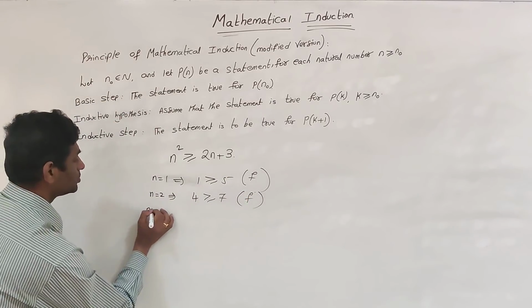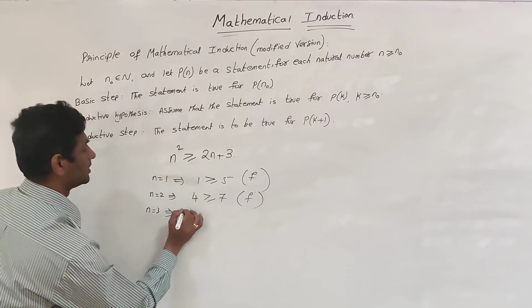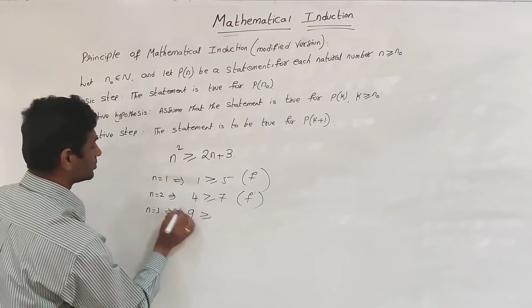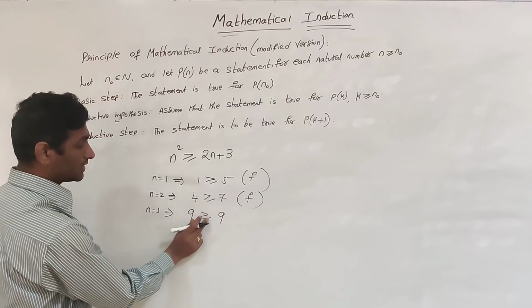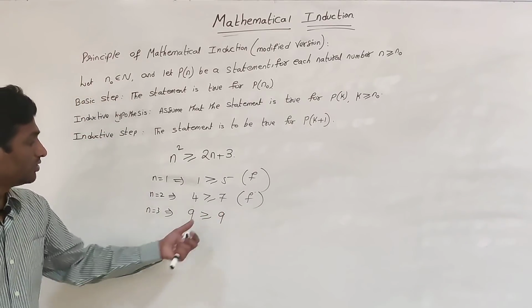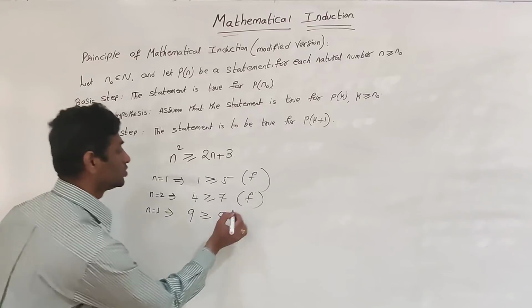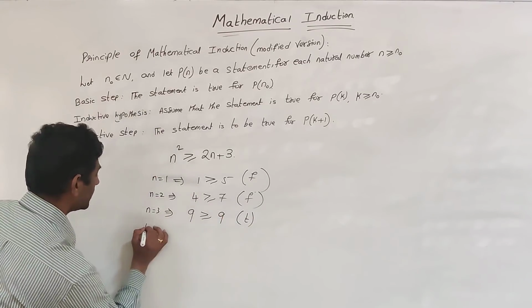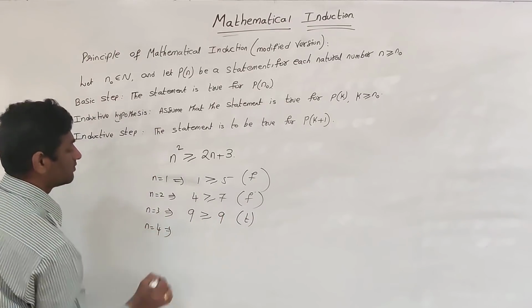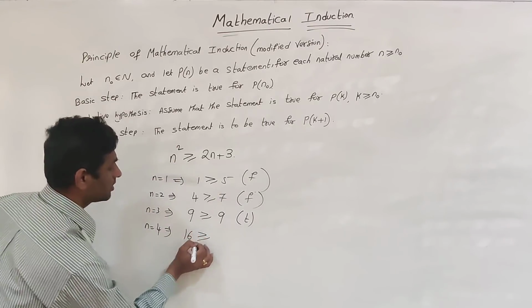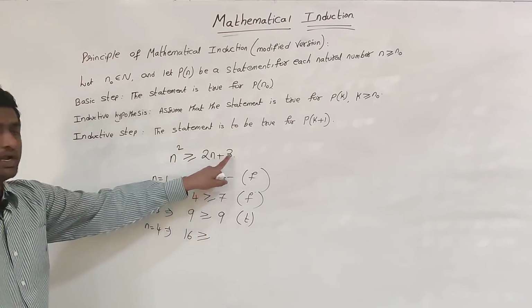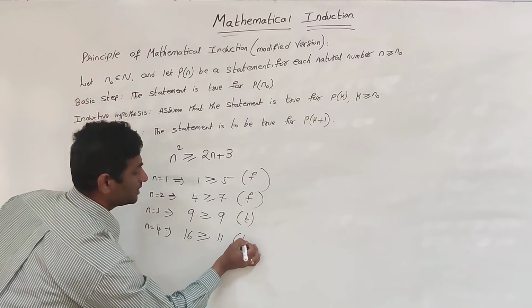Now n equal to 3: 9 is greater than or equal to 2 times 3 is 6, plus 3 is 9. Since the greater than or equal to sign is there, we get equality, which is true. If I put n equal to 4, then 4 square, 16, is greater than or equal to 2 times 4 is 8, plus 3, 11. So again it is true.